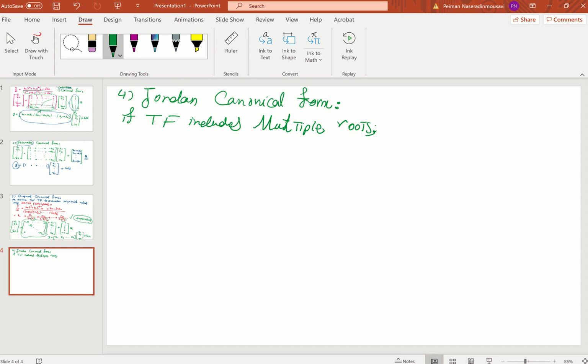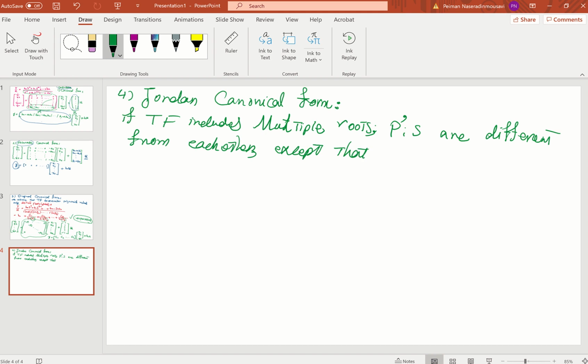It means the poles are different from each other, except that the first three poles are repeated or equal.